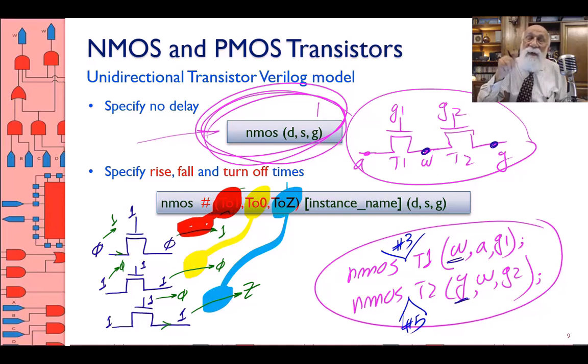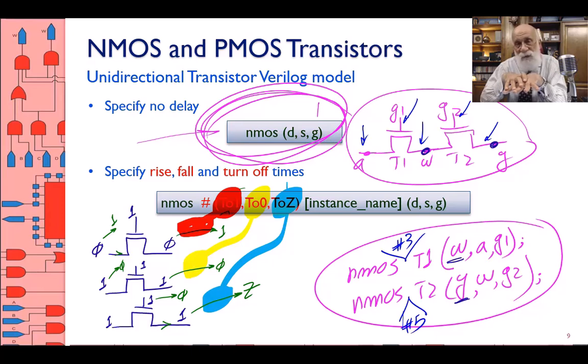This is a transistor model for event-based simulation. What it means is this simulation will only do something if there is an event here or here or here. T1 and T2 sit quiet, do absolutely nothing if there is no event on their inputs.